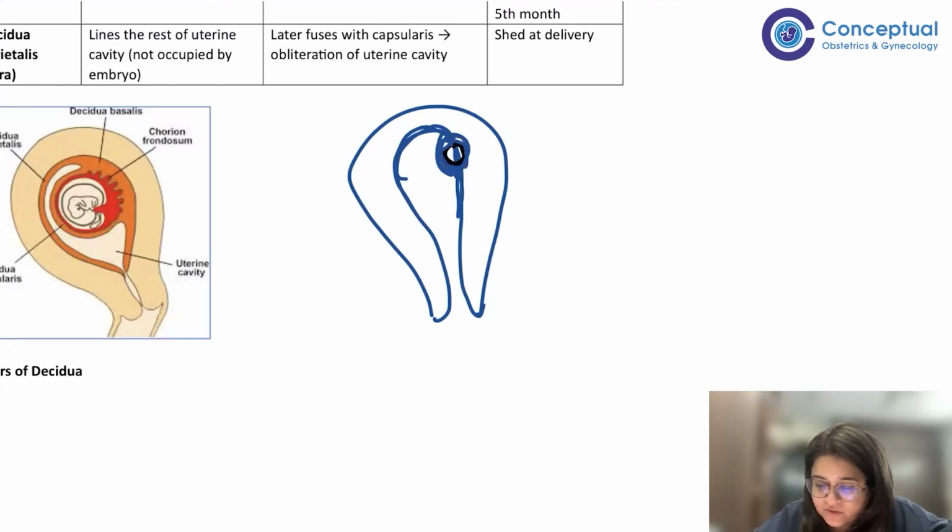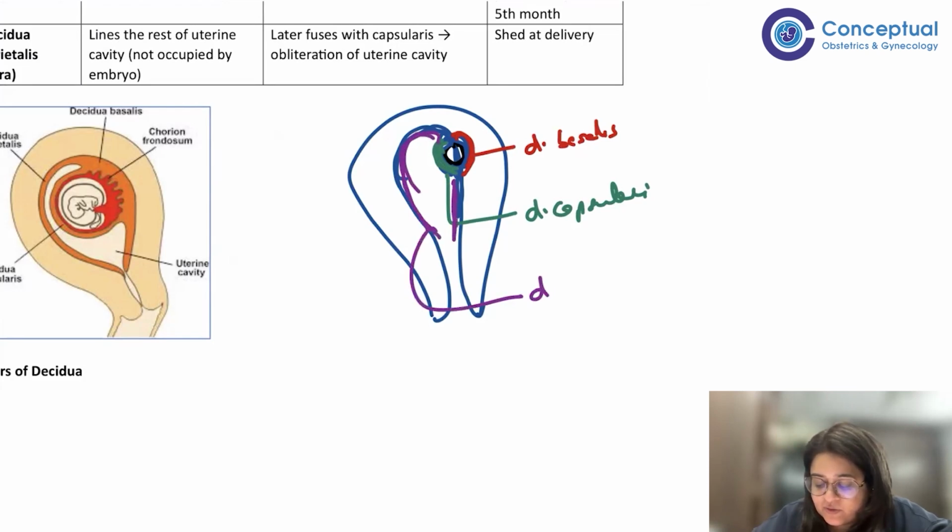So the decidua on this side, near the uterus where the future placenta is going to be, is called the decidua basalis. The decidua over the opposite side of the embryo is the decidua capsularis. It forms a cap over the embryo. And the remaining decidua over the rest of the uterus is the decidua parietalis.